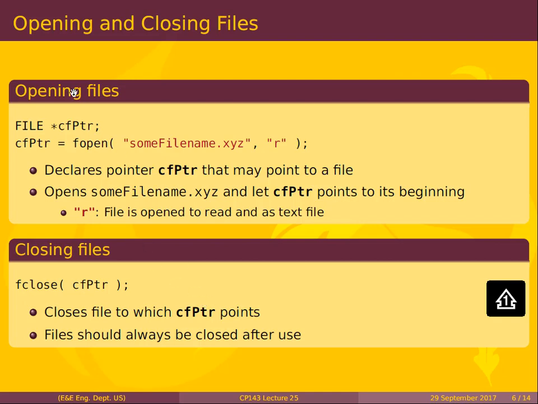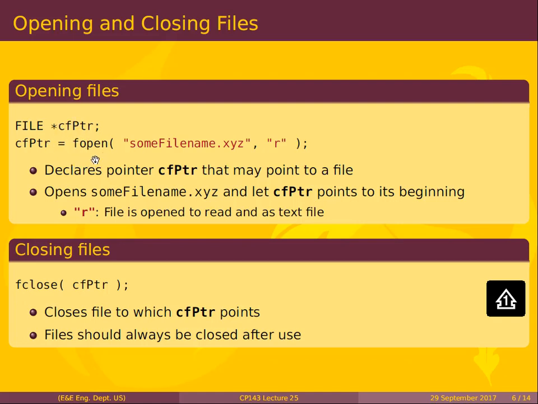Okay, so when we open a file, before we open it, we have to declare a pointer of type capital letters FILE. And this declaration resides in the standard io.h library.